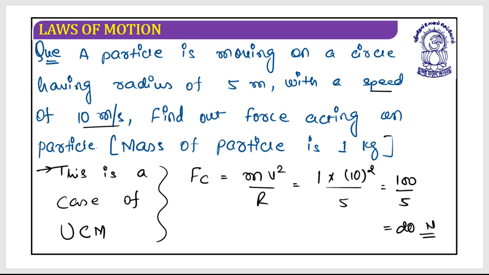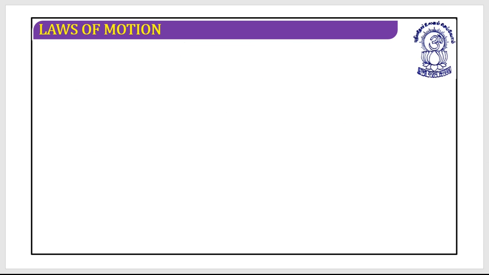I hope this is clear. Is it clear? Great. And where does it act? It acts towards the center of the circle. That's it. You did it. Great job. Well done.